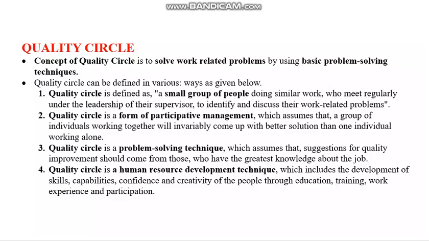That's why it can be called a form of participative management, which assumes that a group of individuals working together will invariably come up with better solutions than one individual working alone. Actually, it is always true.